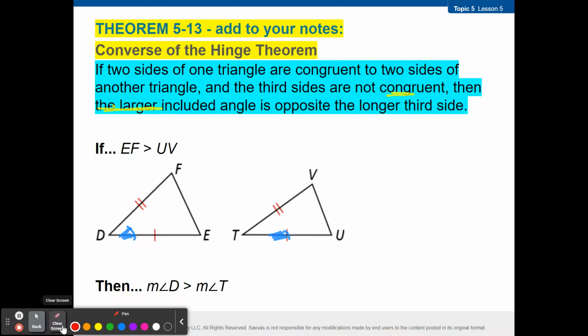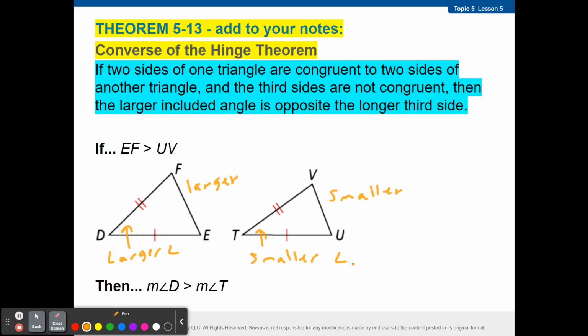Just like with any good theorem, there is also the converse of the hinge theorem. If two sides of one triangle are congruent to two sides of another triangle, and the third sides are not congruent, then the larger included angle is opposite the longer third side. So in this case, what they're saying here is if EF is bigger than UV, so this is the larger of the two, this is the smaller, that means this is the larger angle, and this is our smaller angle.